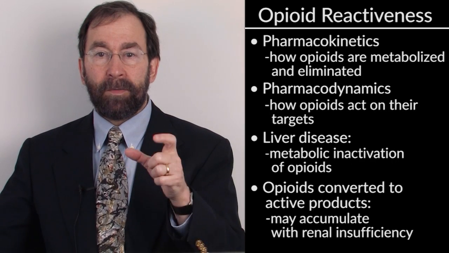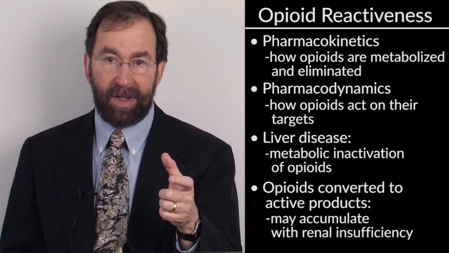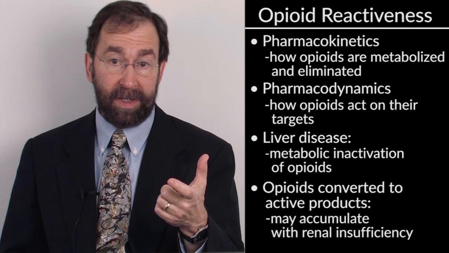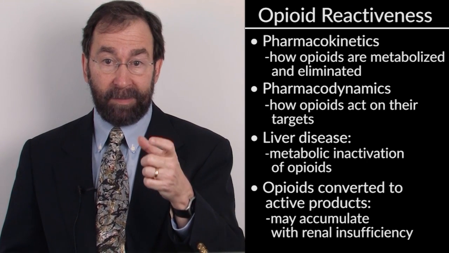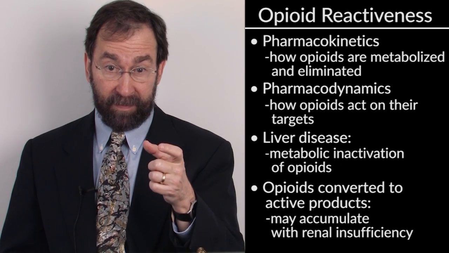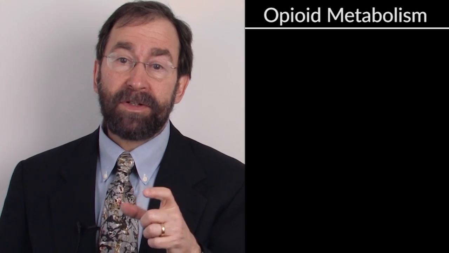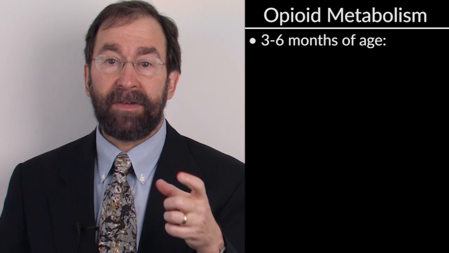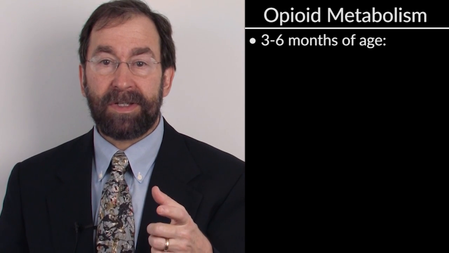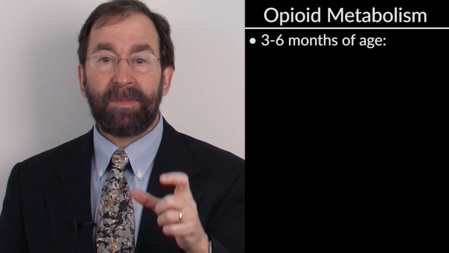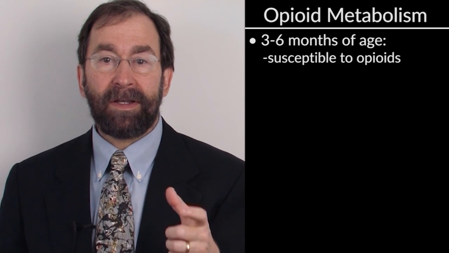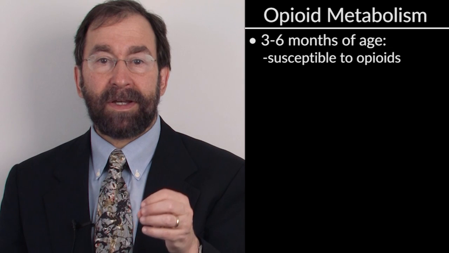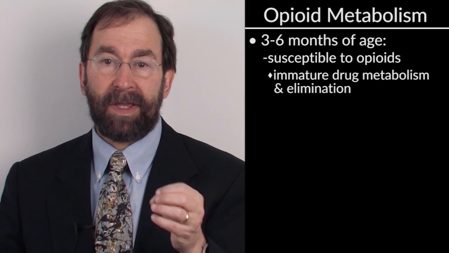For example, morphine's actions are greatly exaggerated in the presence of renal insufficiency due to accumulation of morphine's metabolic products, namely morphine 3-glucuronide and morphine 6-glucuronide. Infants in the first 3 to 6 months of life have immature hepatic enzyme systems and reduced glomerular filtration rates. And part of the susceptibility of young infants to opioids is based on immaturity of drug metabolism and elimination.